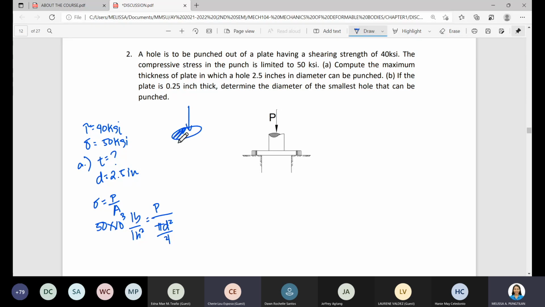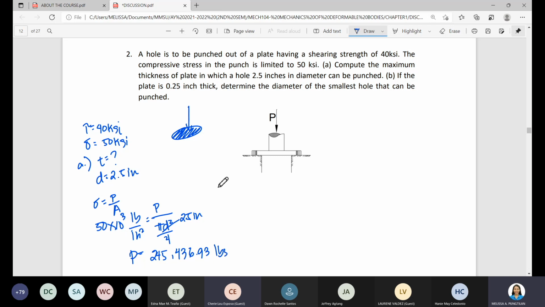So, ito yung area. Kaya naging pi d squared all over 4, on which yung ating D is 2.5 inches. So, direct substitution. Therefore, ang ating P is equal to 245,436.93 pounds.